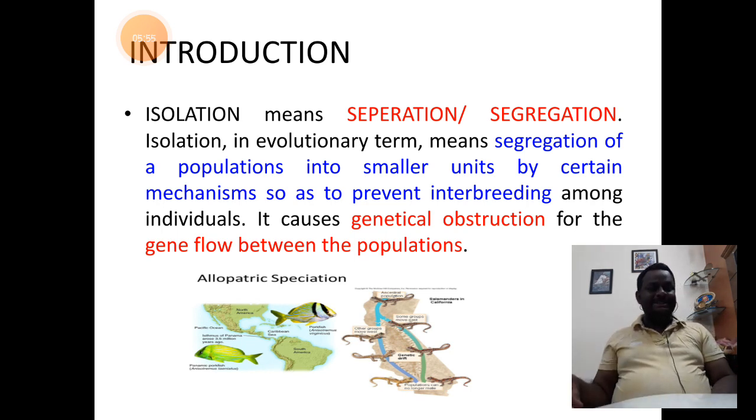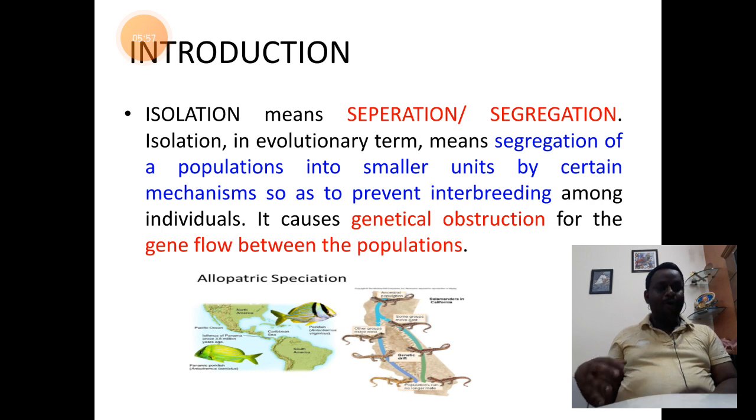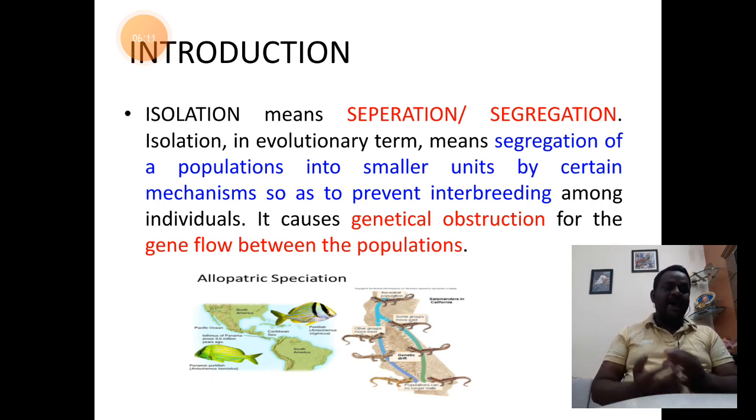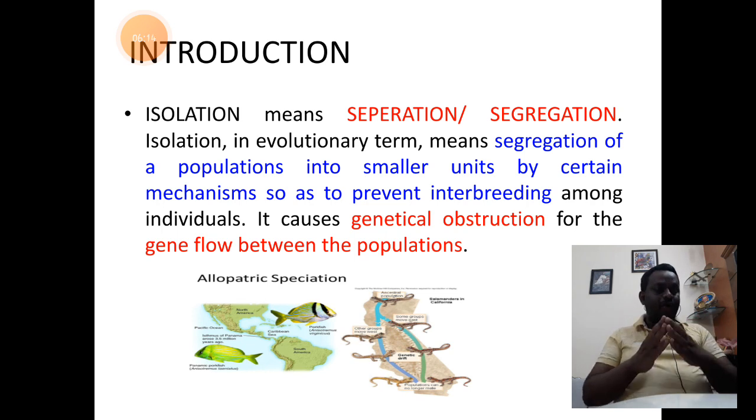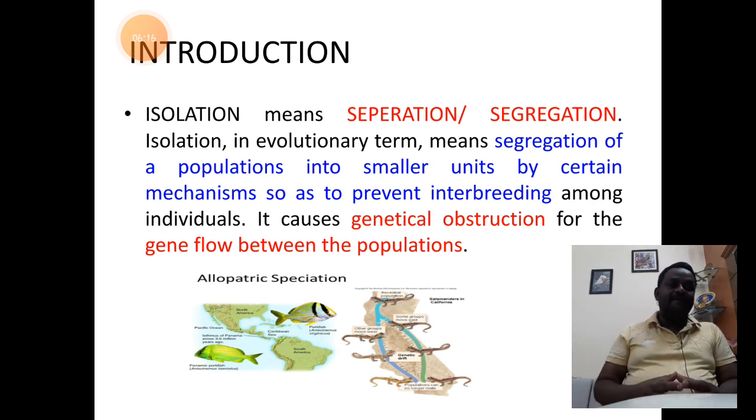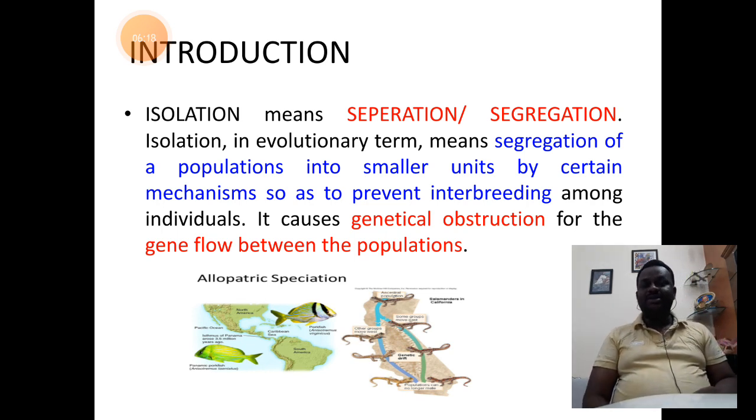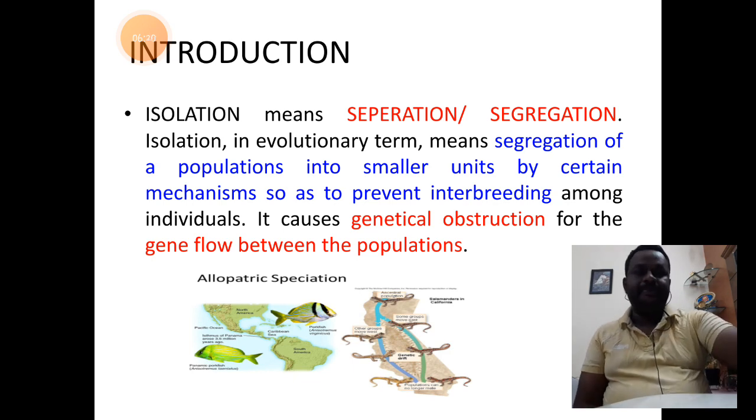So one ancestral or original population, if it divides into many small groups by means of barriers for reproduction, is called isolation. And the mechanisms involved vary further, which we call isolating mechanisms.